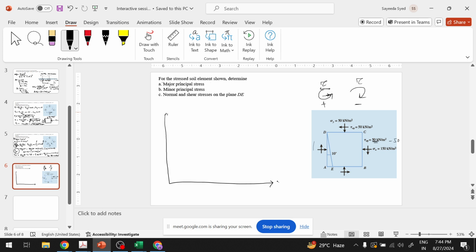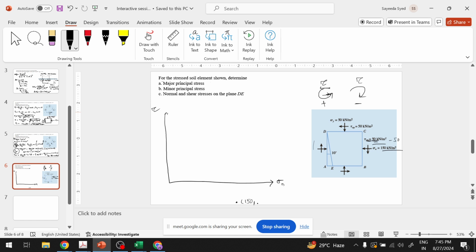We take an axis, we plot normal stress here, we plot shear stress here. Okay, so the normal stress here is 50. Normal is 150 and shear is minus 50. So we will plot somewhere here 150 comma minus 50.